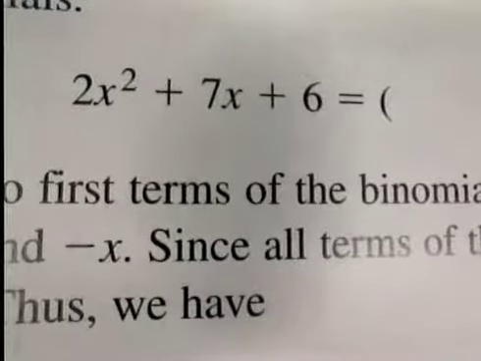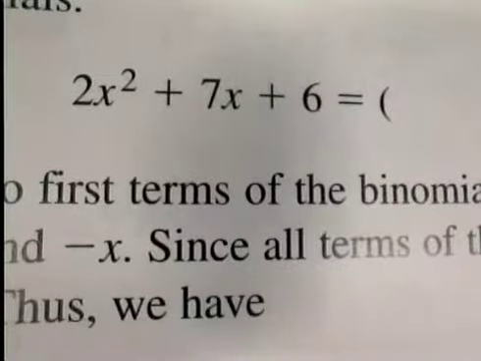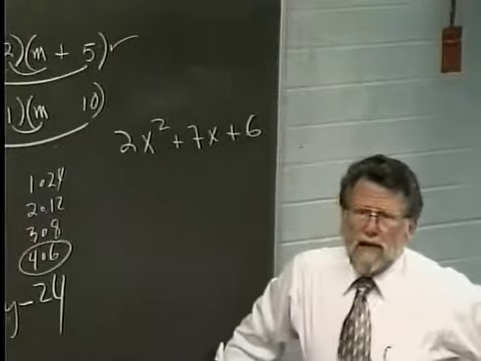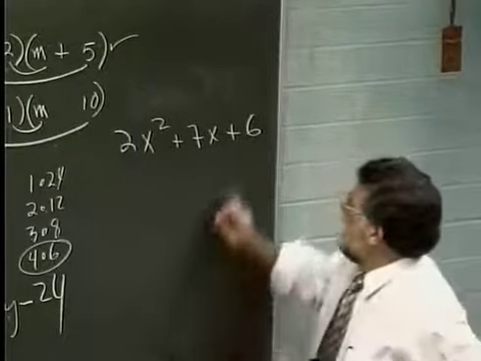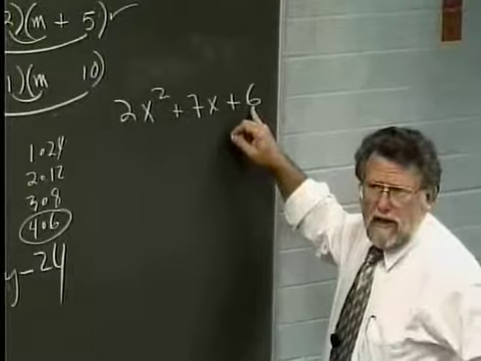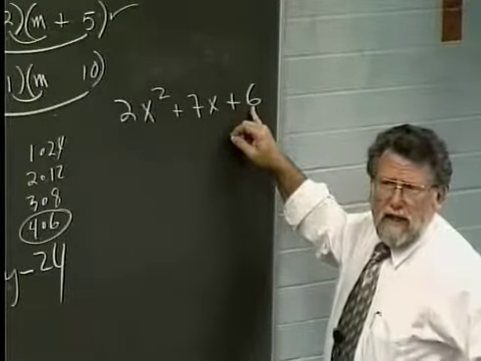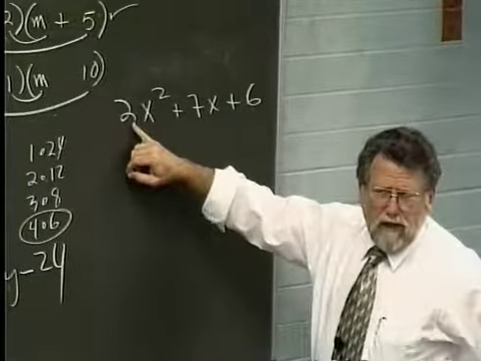Here's the expression, 2x squared plus 7x plus 6. Now, the idea in a problem like this, 2 and 3 is still out here, right, as possibilities. And I have a 2 here.